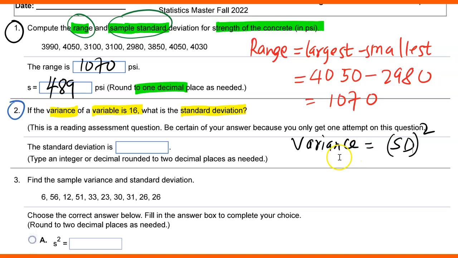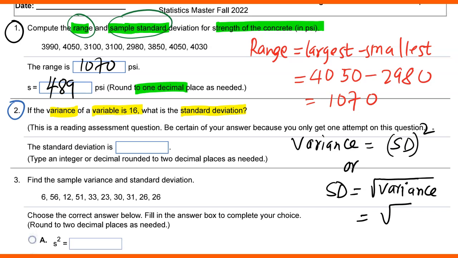In other words, the standard deviation is equal to the square root of the variance. Here variance is 16 and the square root of 16 is 4. Therefore 4 is the standard deviation, and the square of 4 is 16, which is the variance.